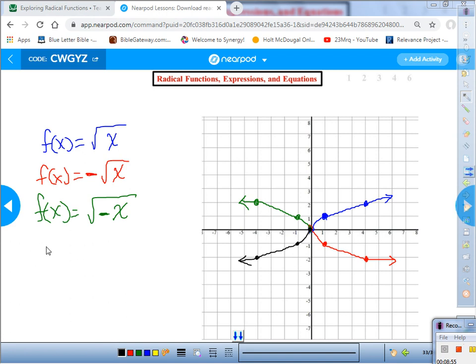Once you graph it, I want you to write it over here. Talk it over with your neighbor, see what it's going to look like in an equation format. All right, tell your neighbor the new function for this one right here.